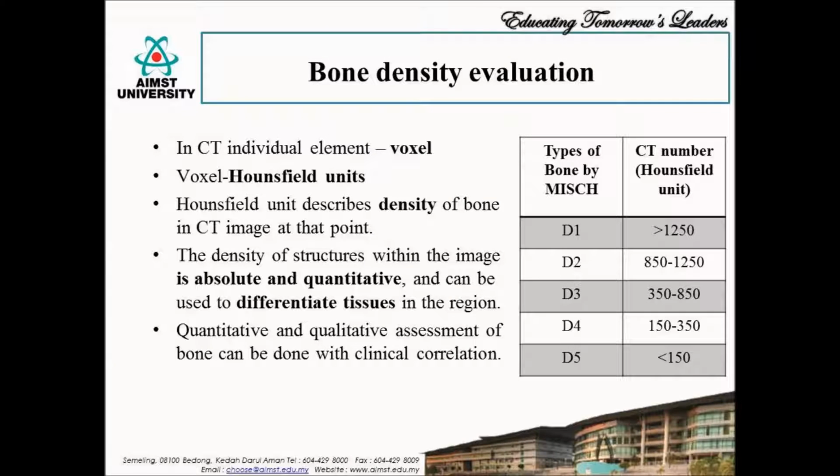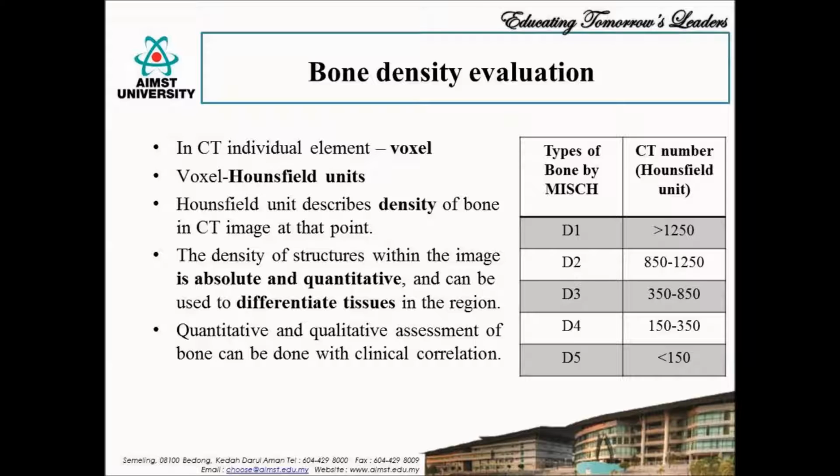As discussed before, the individual elements of the CT image are called voxels, which have a value referred to in Hounsfield units that describes the density of the bone on the CT image at that point. The density of structures within the image is absolute and quantitative and can be used to differentiate tissues in the region and characterize the bone quality.